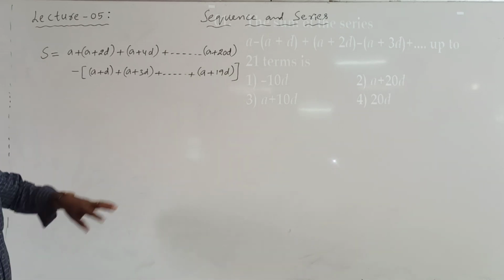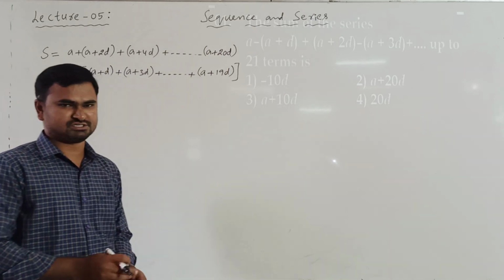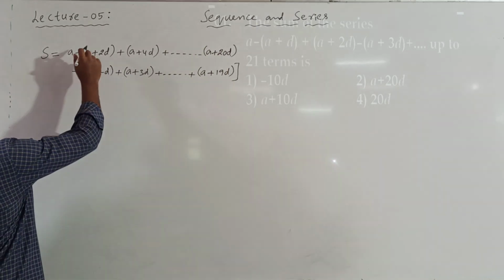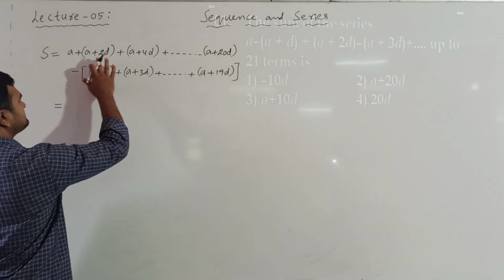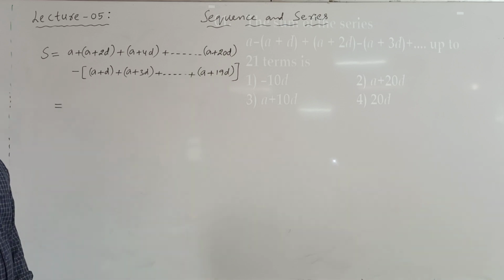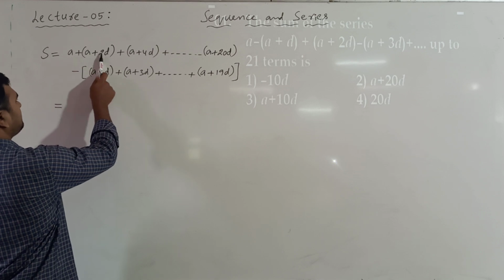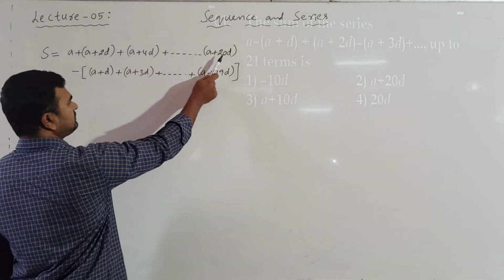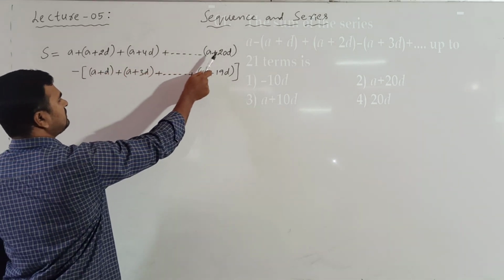So these are the two groups we are forming, where both are forming arithmetic progression. Now we will find the summation. Observe these first terms, it is forming AP. Totally we have 21 terms. Here you can see a, 2d, 4d, up to 20d, so multiples of 2 from 2 up to 20.